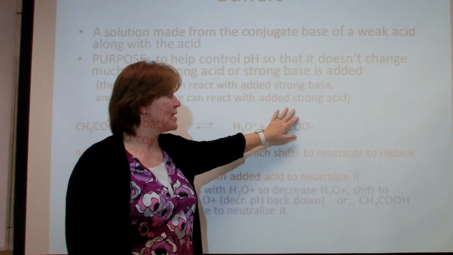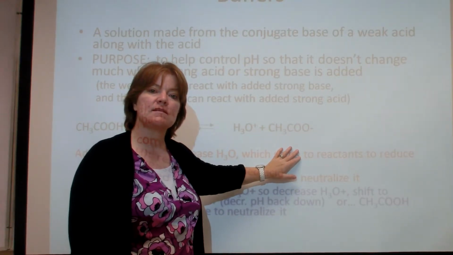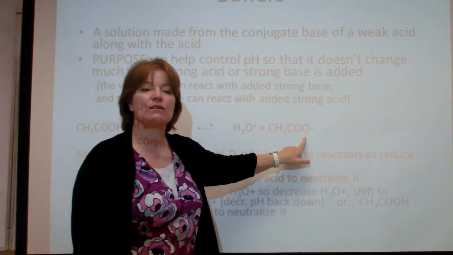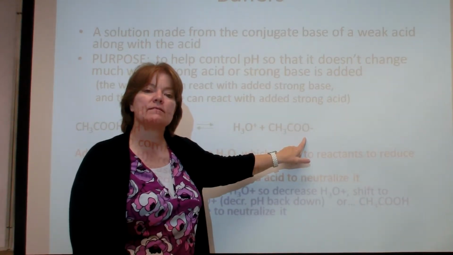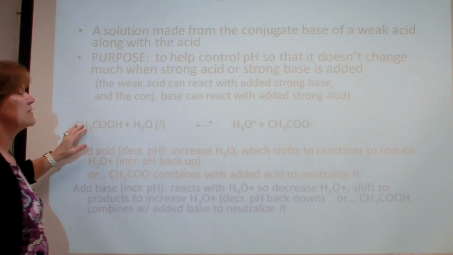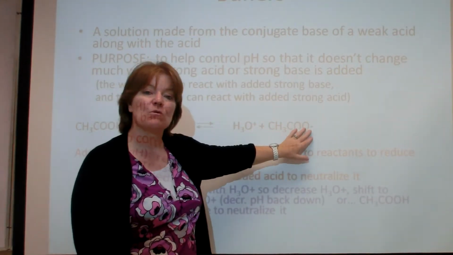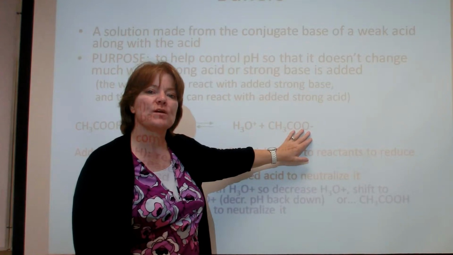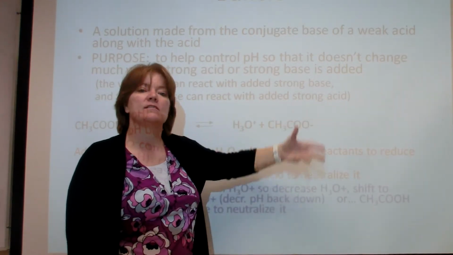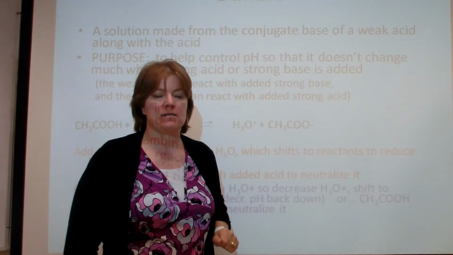Yes, but remember, when I start to decrease it, what happens in this equilibrium system? Some of my weak acid will get converted to its conjugate base, because when I remove a concentration of a product, the equilibrium will shift towards products. It will make more of this, and I have more to react with the added HCl. So this will continue producing until it's eaten up the added HCl.